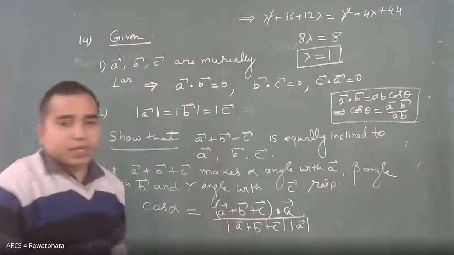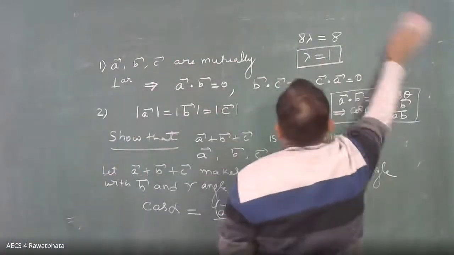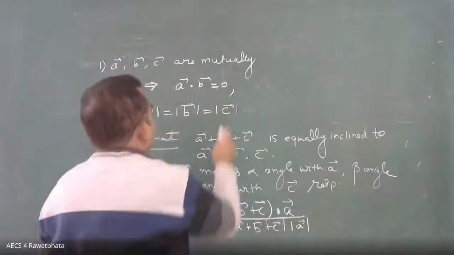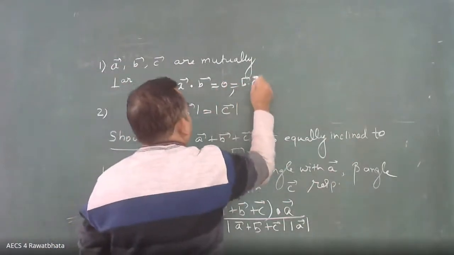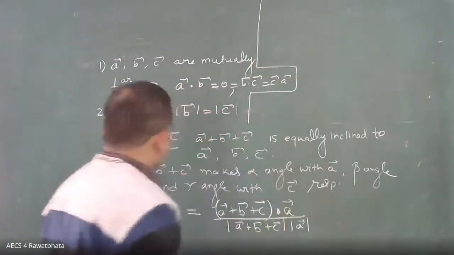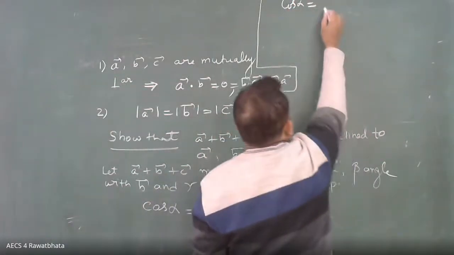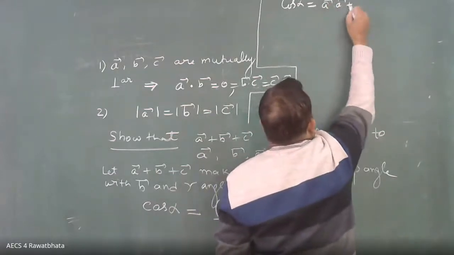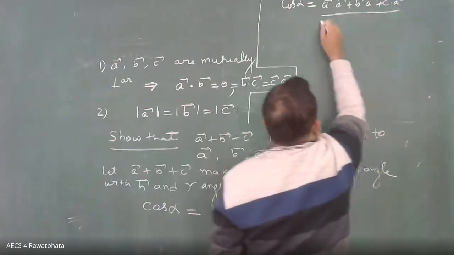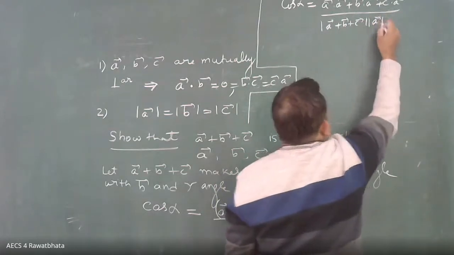Let us take the dot product. So cos alpha will become A dot A plus B dot A plus C dot A, divided by the magnitude of A plus B plus C into the magnitude of A vector.